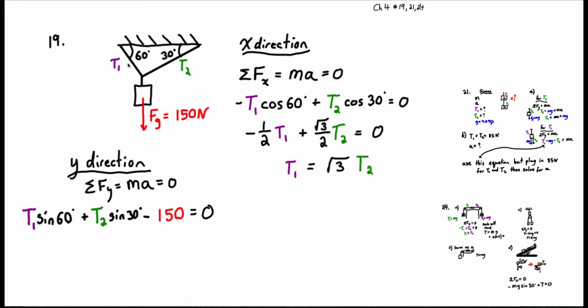So if I have this tension T1, to find the x direction component, I need to use cosine and a little bit of geometry. If this angle is 60 and these are both horizontal, then this angle is also 60.